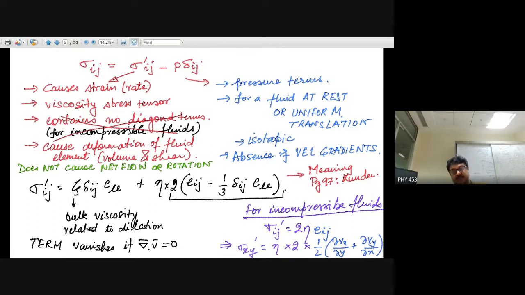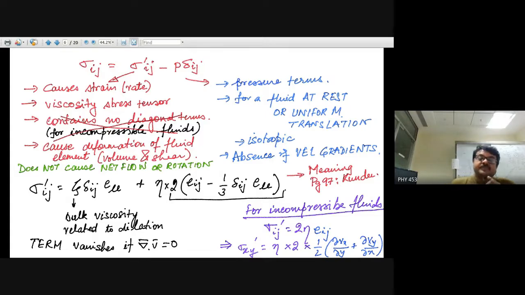Volume change is basically the sum of the diagonal parts. So this part does not contribute to the volume change, but you can have stresses and forces coming from this part. So forces acting in the x direction across surface areas whose normal is in the x direction, or forces coming from this part acting in the y direction across surface area whose normal is along the y direction.